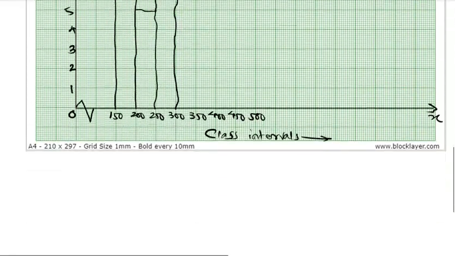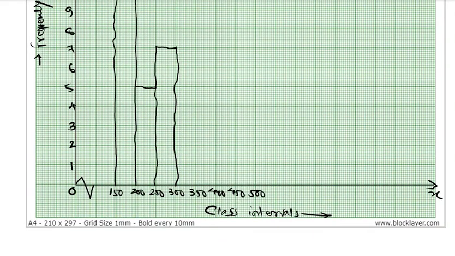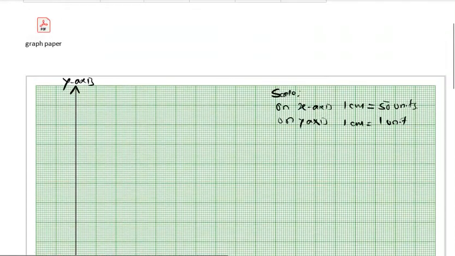Okay, so 7 and then 4 and 3. Two small towers. 4 is going to be here and 3 is going to be over here. Okay, so my crooked bar graph is ready.